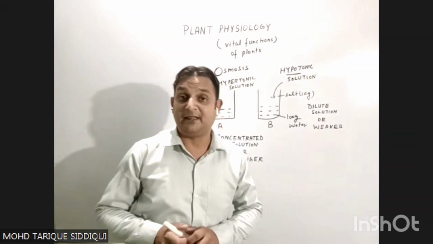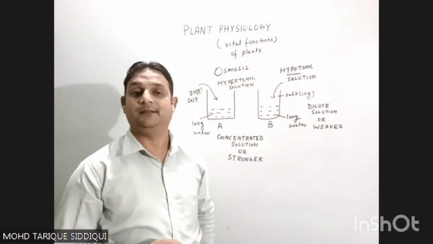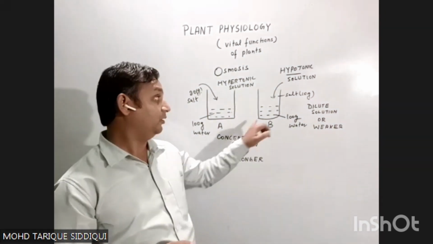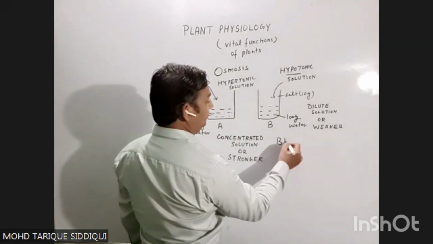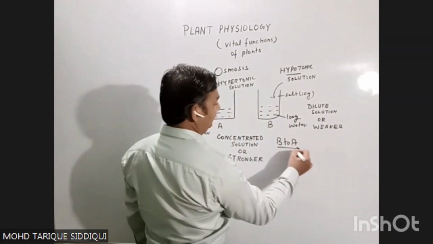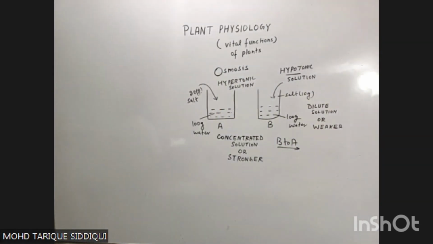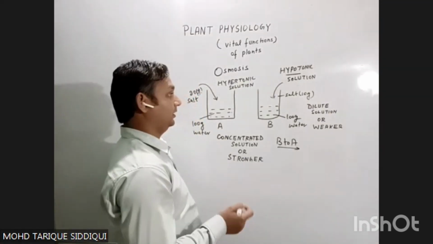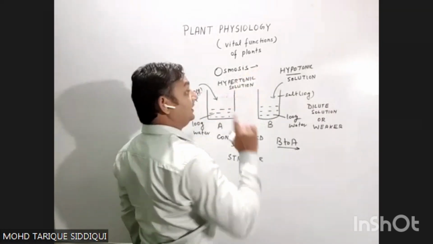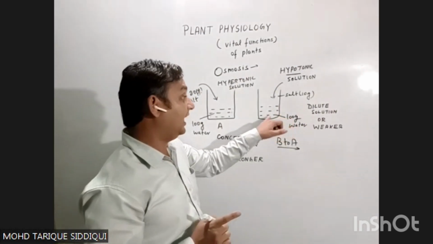Again, I'm telling you, focus. What will be the movement of water molecules here? A to B or B to A? It will be from B to A. Because osmosis is a process in which water molecules move from the region of higher concentration.